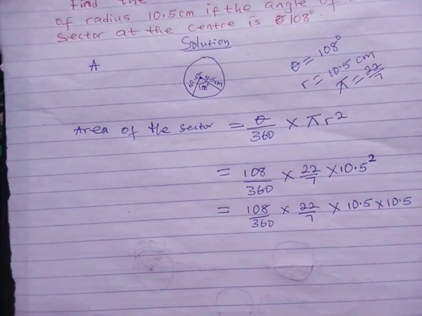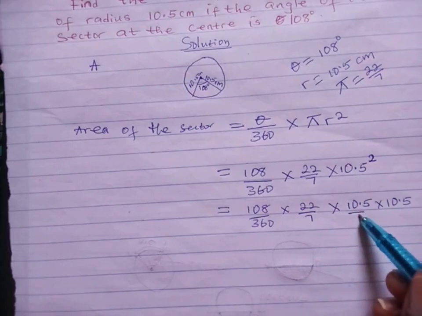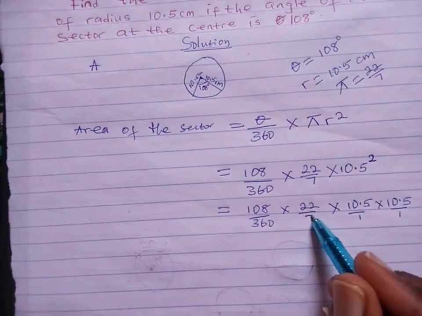Now, the next thing I need to do, I will multiply all the numerators, multiply all the denominators. Of course, this is how we multiply fractions. So this also means over 1, this is also over 1. So let's now multiply them out.